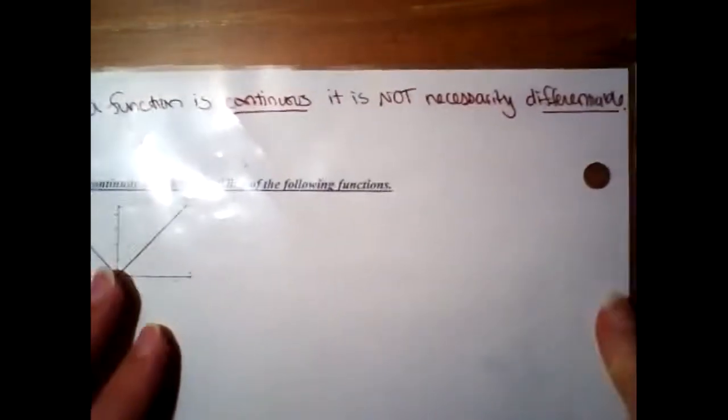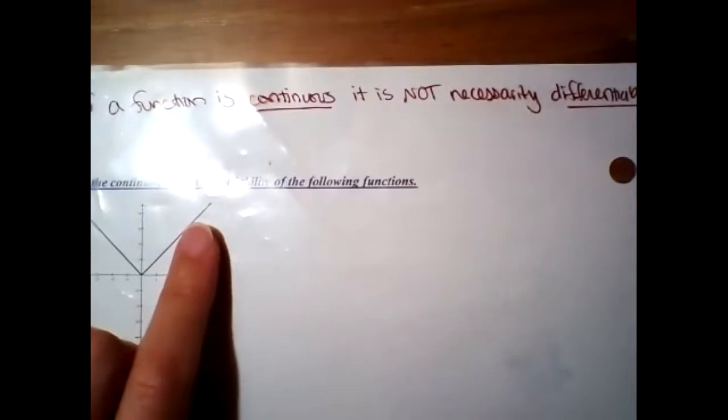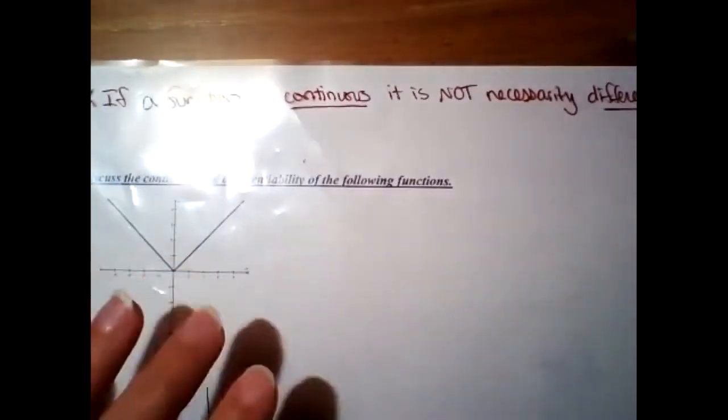That's like the example we just did on the other side, where we had the parabola and the line meet up. The function was continuous because the two pieces connected, but it wasn't differentiable.